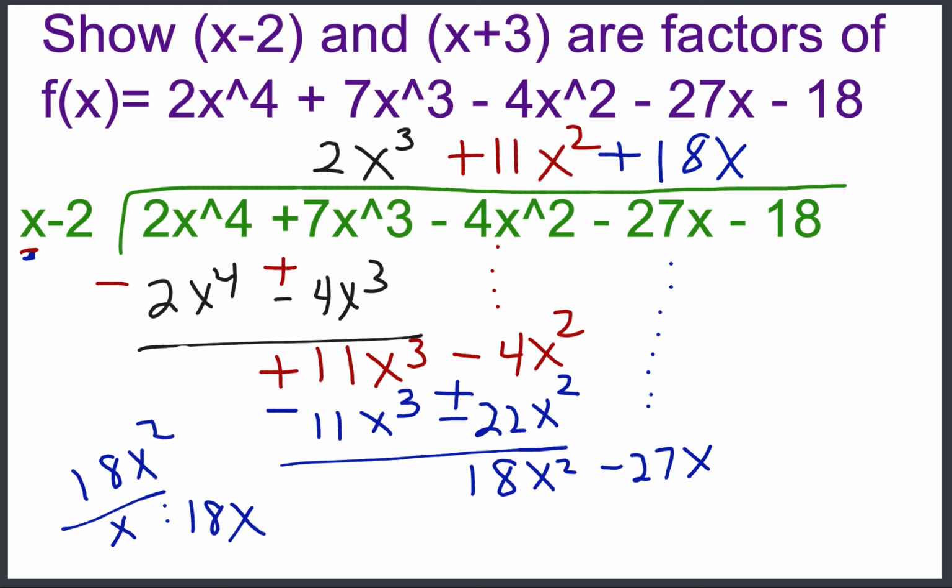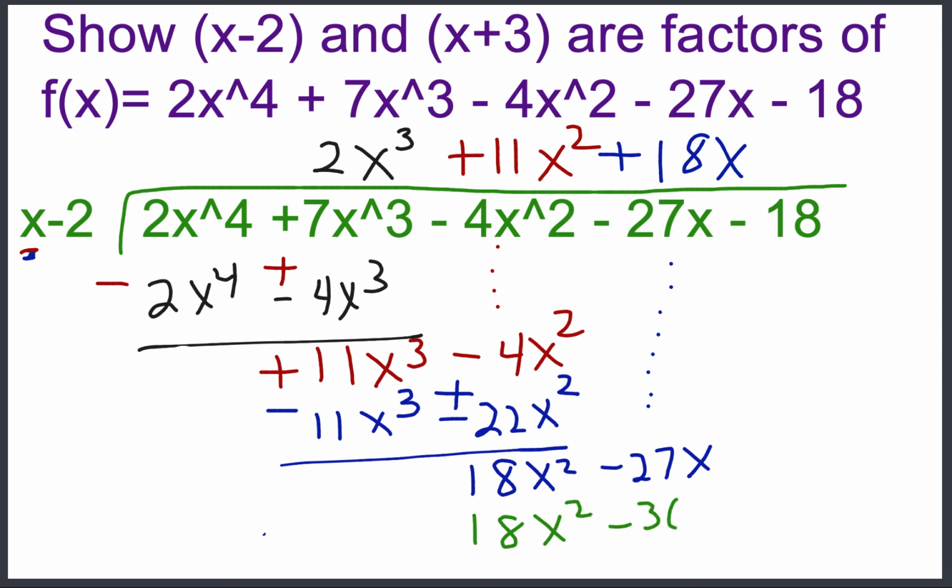And then I multiply that through, and I get 18x squared minus 36x, subtracting, meaning I change the signs, and I get 9x minus 18.